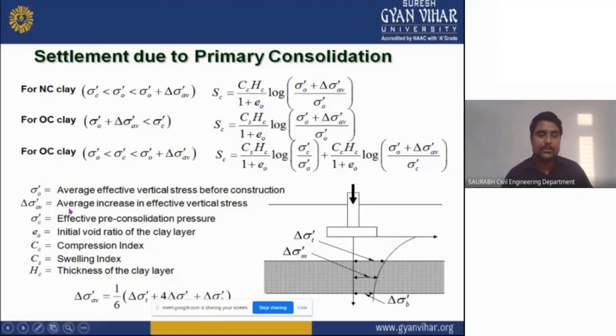Delta sigma av means the average increase in the effective vertical stress, and sigma c' is the effective pre-consolidation pressure, and e naught is the initial void ratio of the clay layer, and Cc is the compression index, and Cs is the swelling index, and Sc is the settlement, with H the thickness of the clay layer.